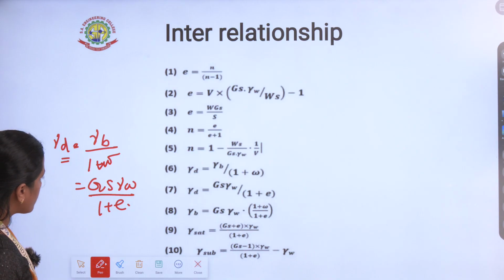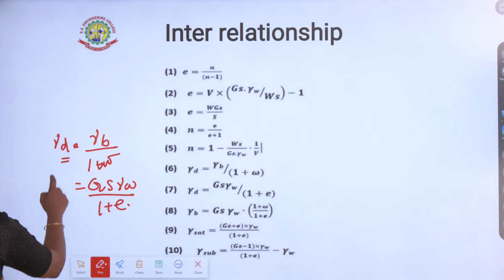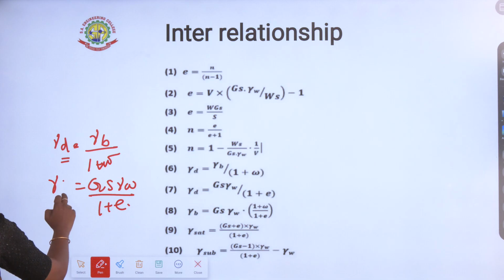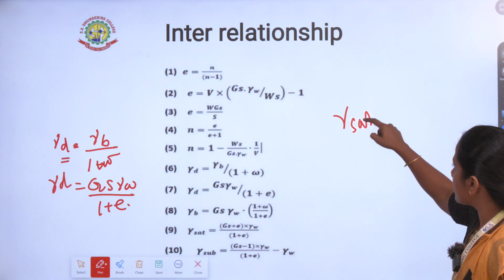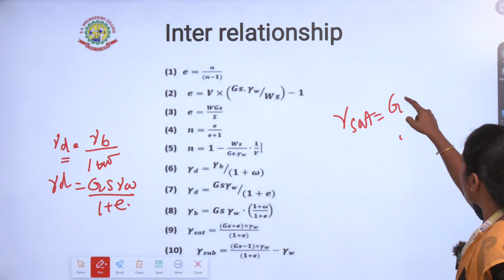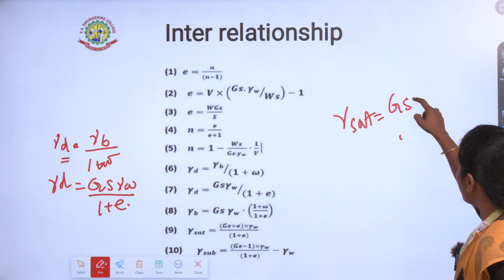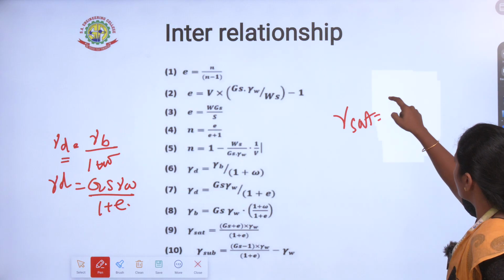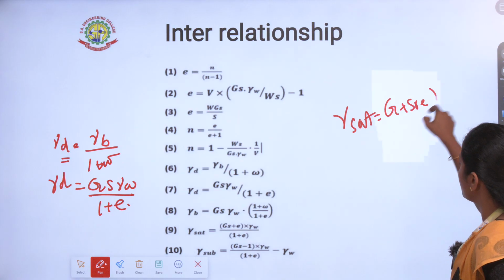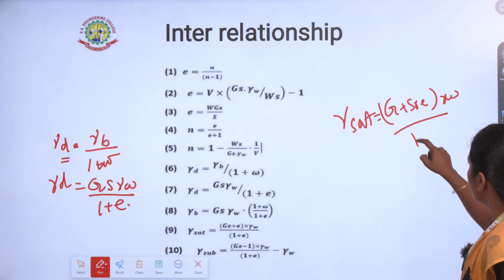And this is for dry density, and if my soil is saturated, gamma sat is equal to (G plus S r e) into gamma w divided by 1 plus e.